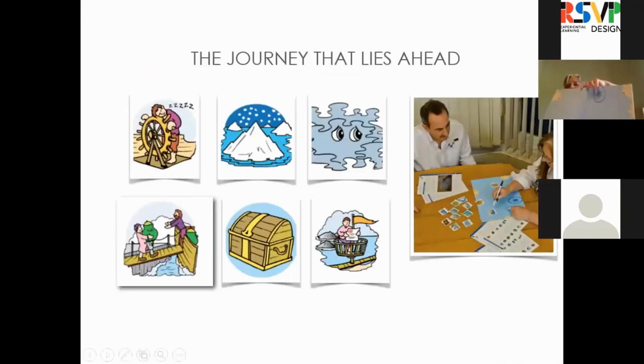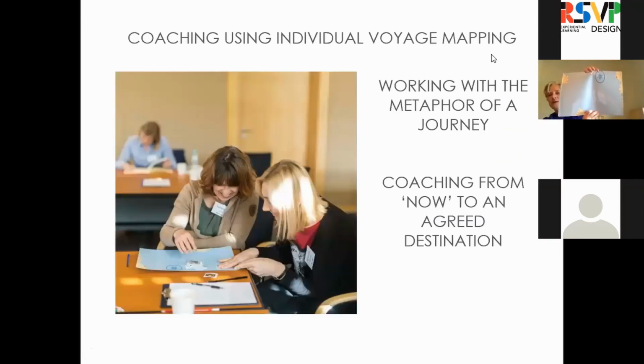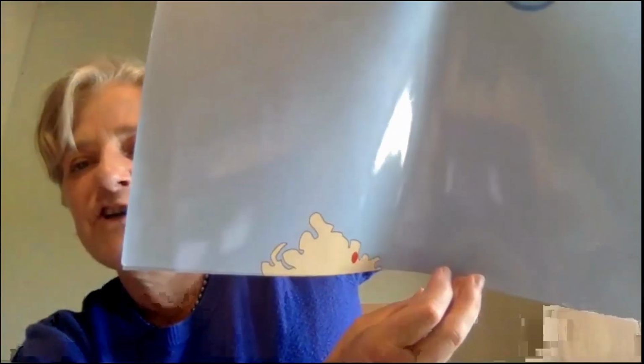It uses a map, which is a write-on, wipe-off laminated sheet. And on that map, there are start points, mid-journey rest stops, and destinations.